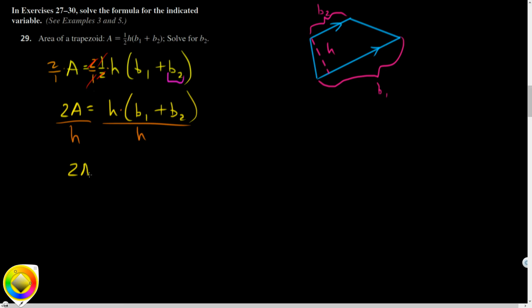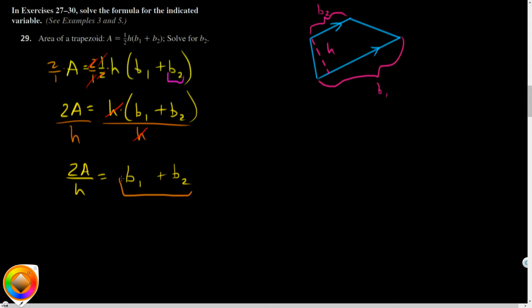So I'm going to have 2a over h equals, hey, notice what happens here. Lovely. Those h's cancel. I get b1 plus b2. And look at b2's starting to get lonely. It's only got one friend left. How do I get rid of the b1 here?